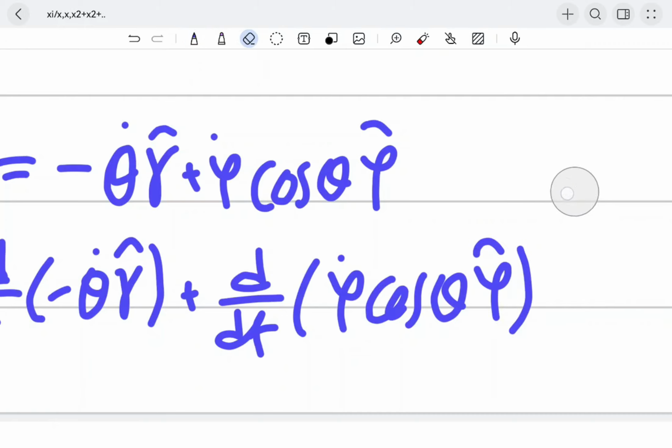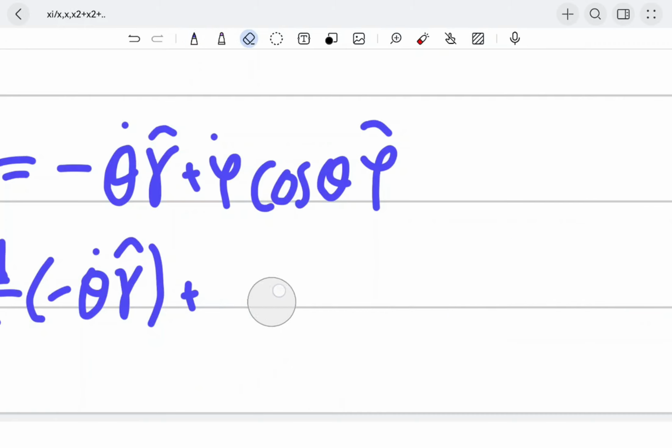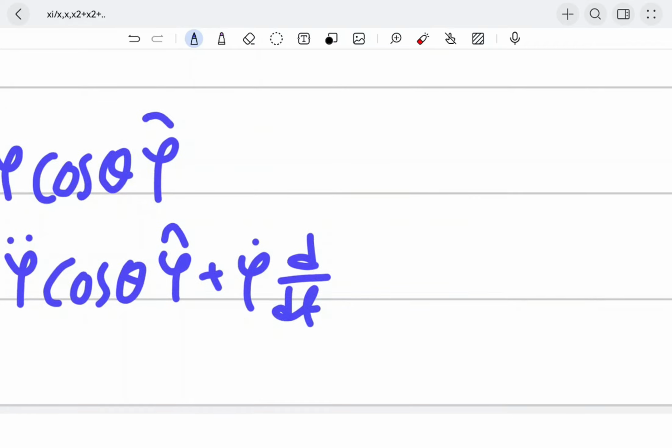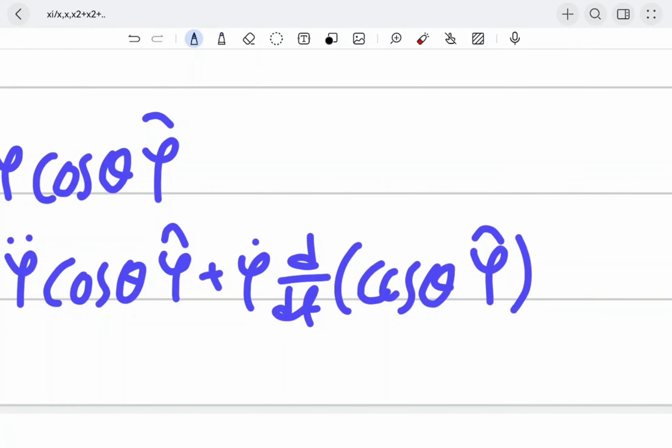I can do the same trick for this part, differentiating phi dot times cosine theta phi hat plus phi dot times the time derivative of cosine theta phi hat.